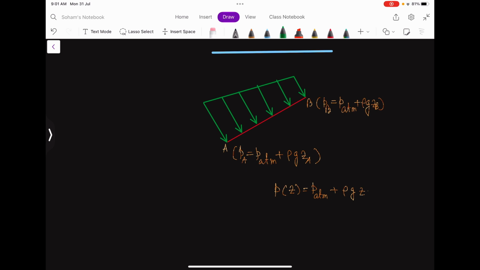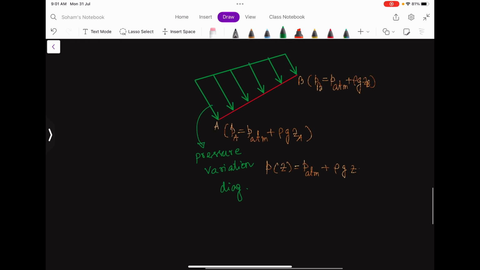Just for the concept, this is our pressure variation diagram. So don't think that this diagram is 2D. This diagram is actually a 3D concept.